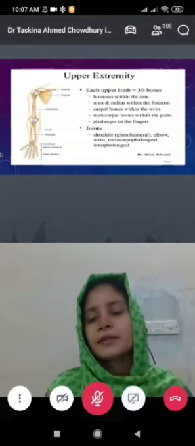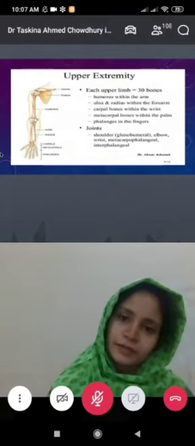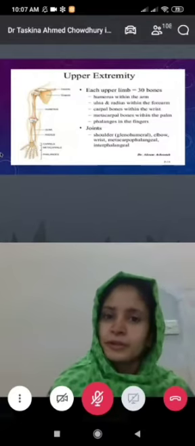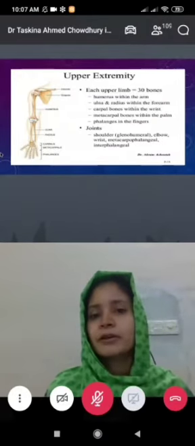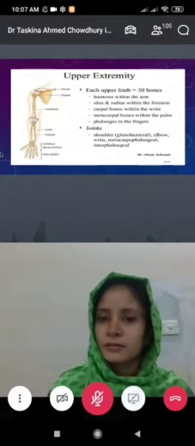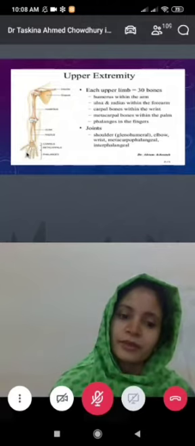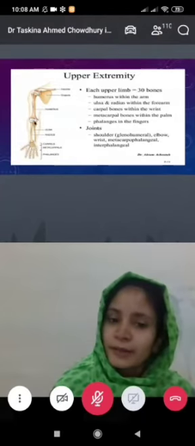Then lying distal to this are the phalanges in the fingers: 2 for the thumb and 3 for the rest of the fingers, named as proximal, middle, and distal phalanges. What are the joints of the upper extremity?